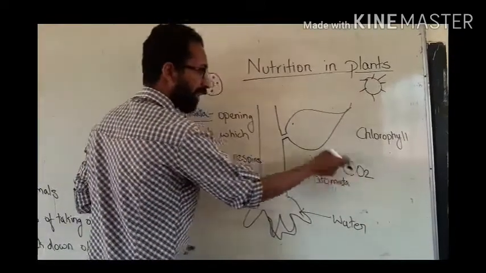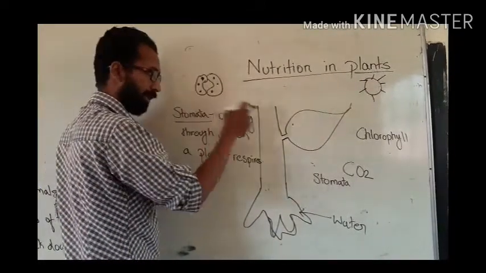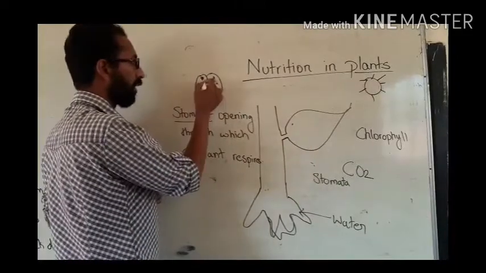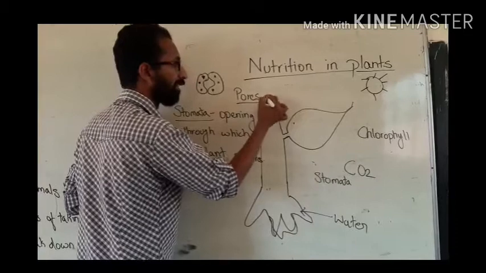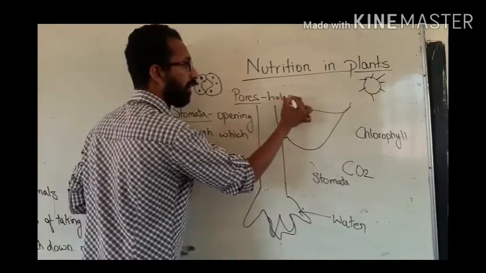The carbon dioxide from the air is taken by the plant through the pores. Pores mean small holes.